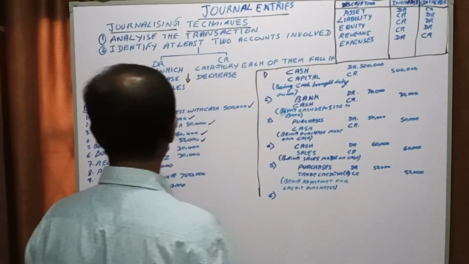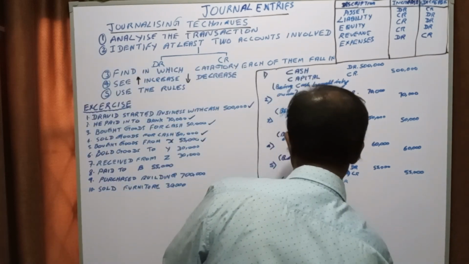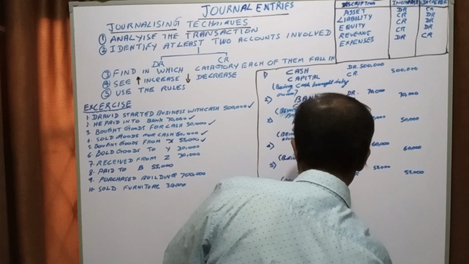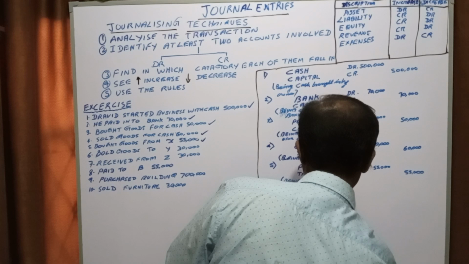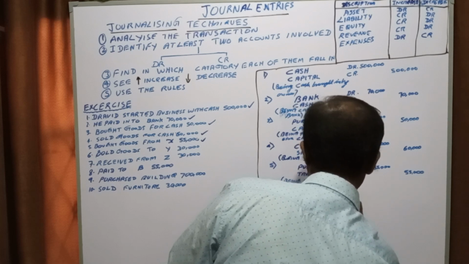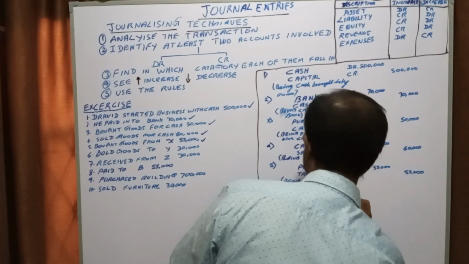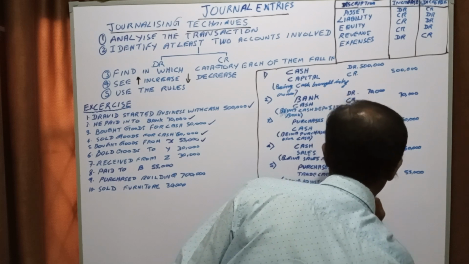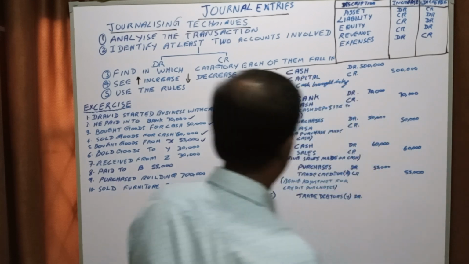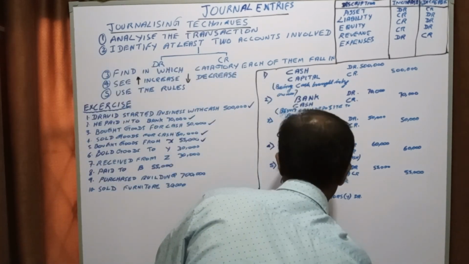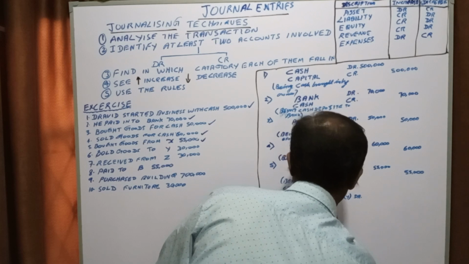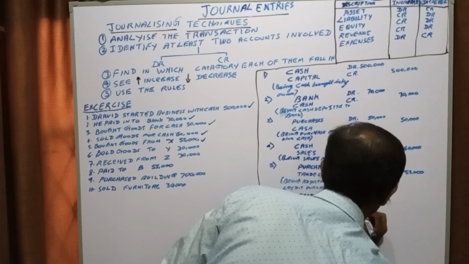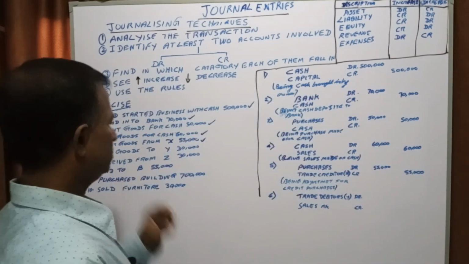Trade debtors debit and sales account credit. What is the amount? 30,000.